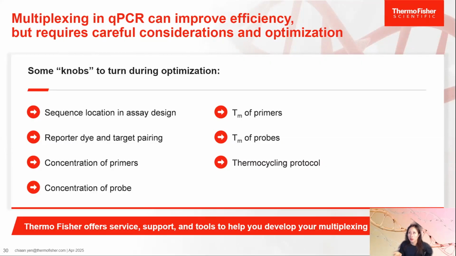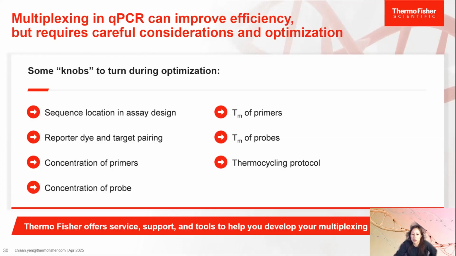So probe concentration you can definitely play around with if needed. Obviously, you start with maybe similar concentration for all of them in the beginning, unless you already know something that's going to be really robust. You can start that with a lower concentration compared to your other targets. And if you see non-specificity in your probe, you may consider reducing the concentration.